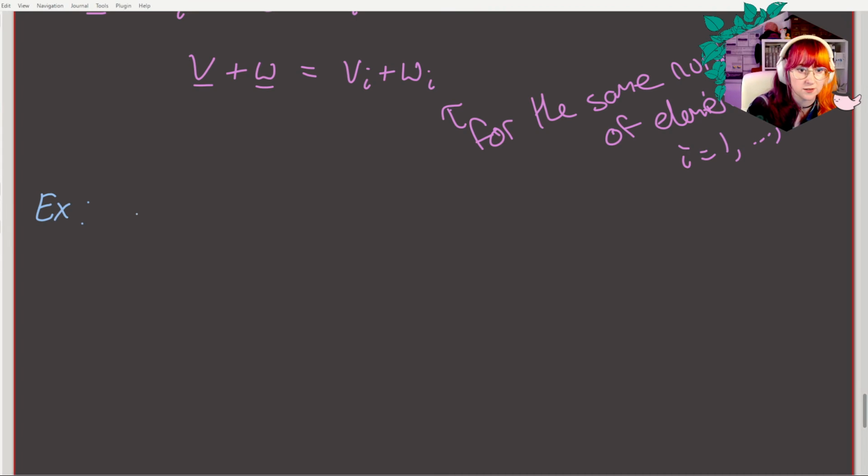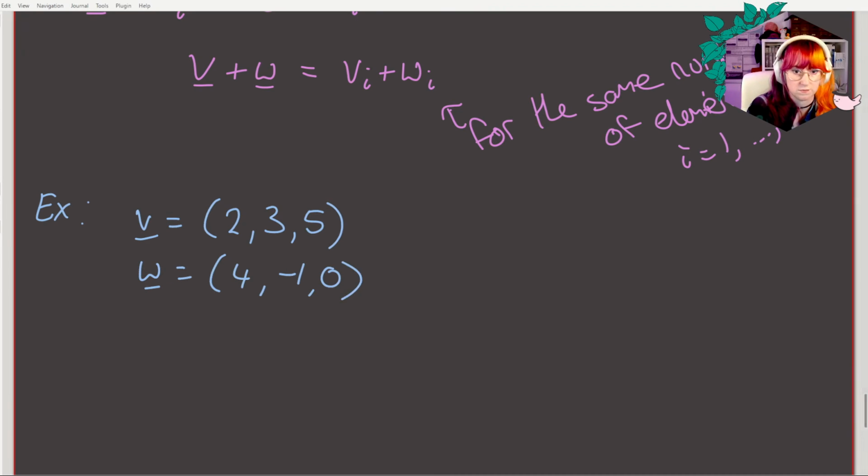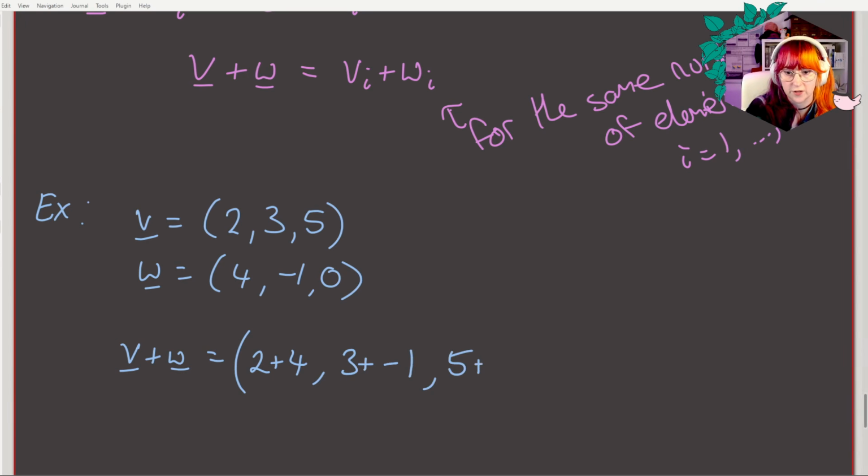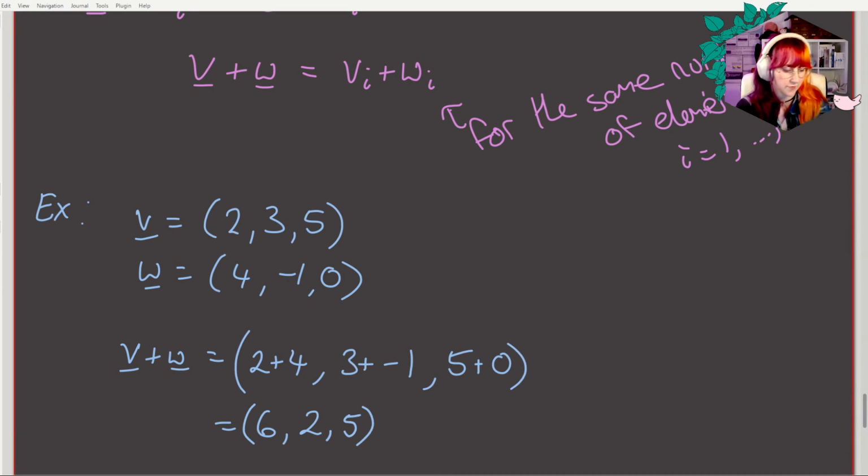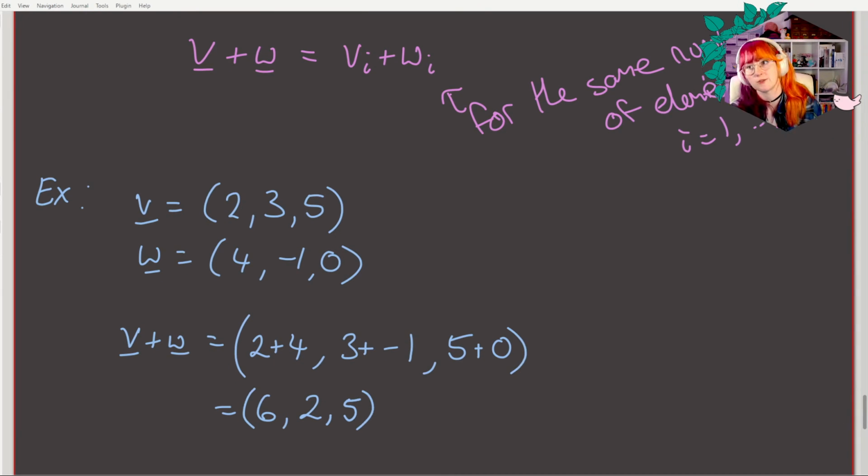So for example, if V is 2, 3, 5, and W is 4, minus 1, 0, then V plus W is 2 plus 4, 3 plus minus 1, and 5 plus 0, which is 6, 2, 5. Okay, and that would be the same if I did it the other way around as well.